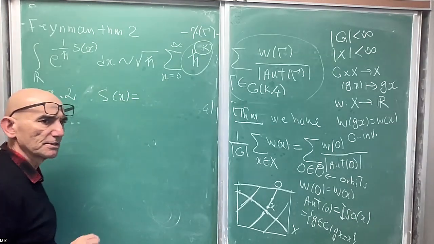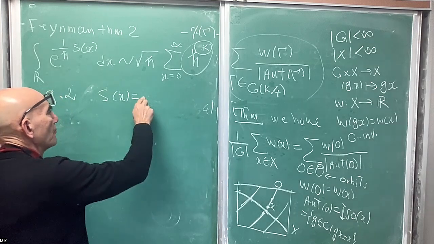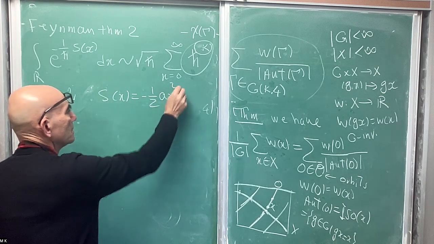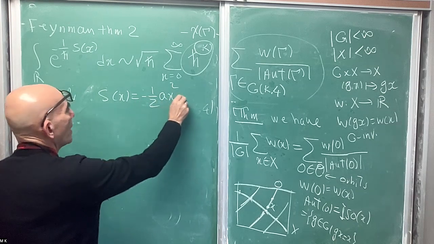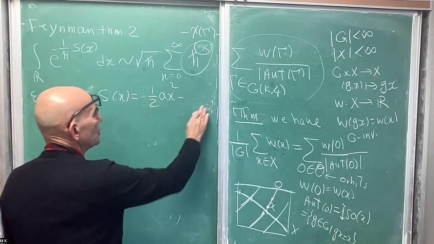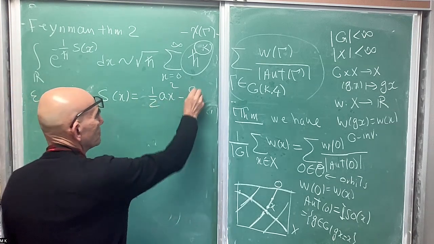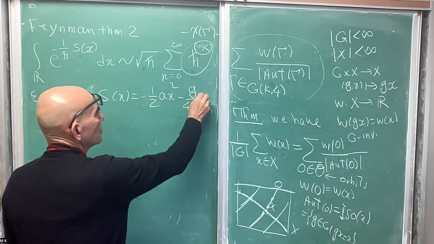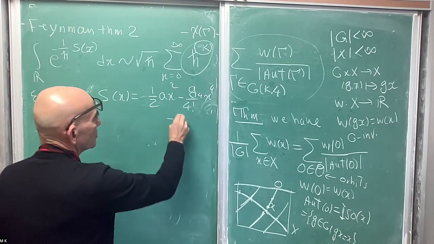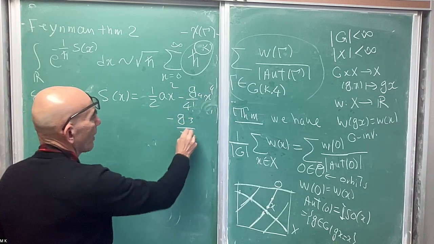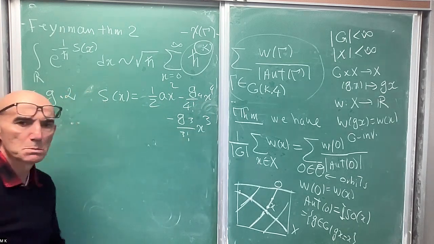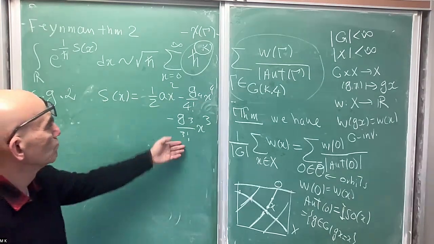Imagine S of x is of the following form: minus 1/2 x squared, plus g4 over 4 factorial x to the 4, minus g3 over 3 factorial x cubed.